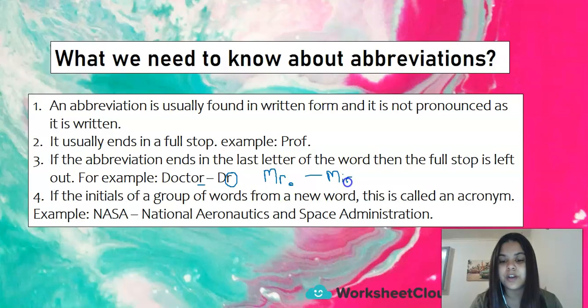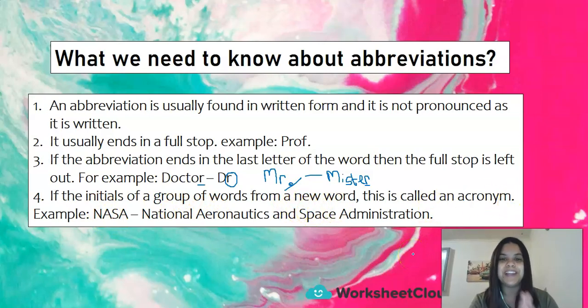So when it ends in an R, then we won't need, sorry for my terrible handwriting, a full stop. So I can take that full stop away there. We won't need a full stop if it ends in R because Mr there also ends in R. But I'll show you some examples in our next slide of how the full stop is used in different abbreviations.